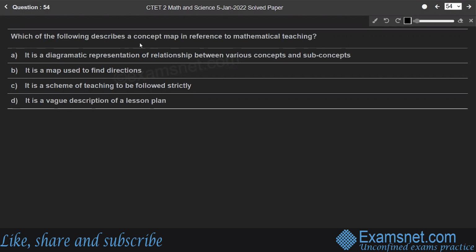Here the correct answer is, it is a diagrammatic representation of relationship between various concepts and subconcepts. Here, a concept map is a visual way to organize information and to record links between known mathematical concepts and procedures, both within and between concepts.